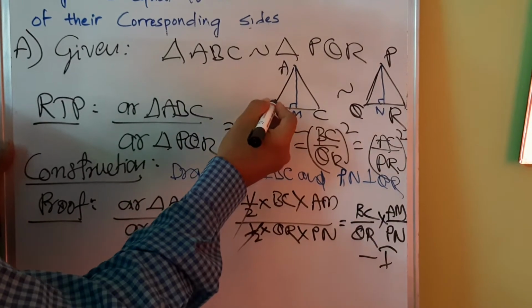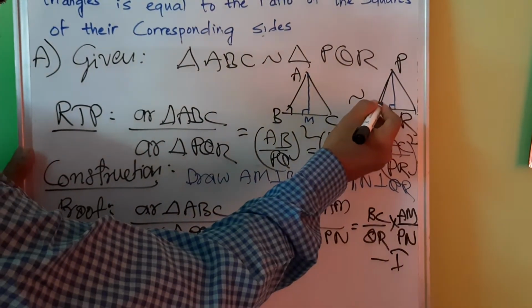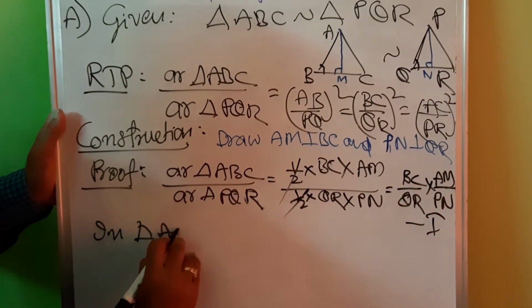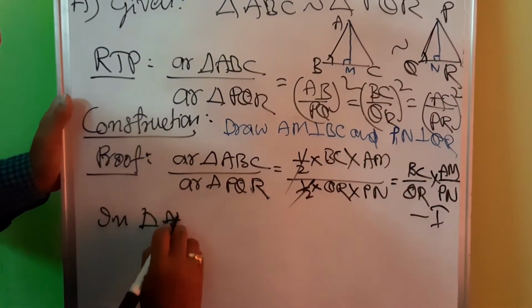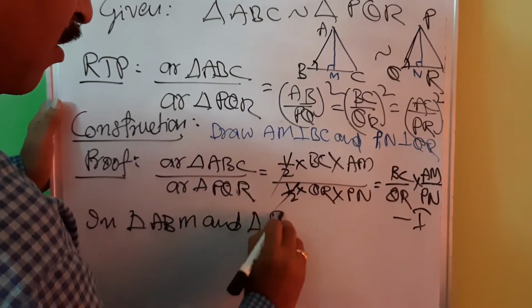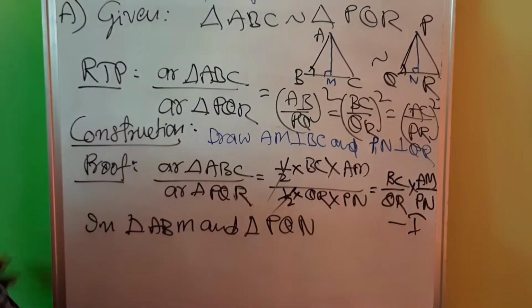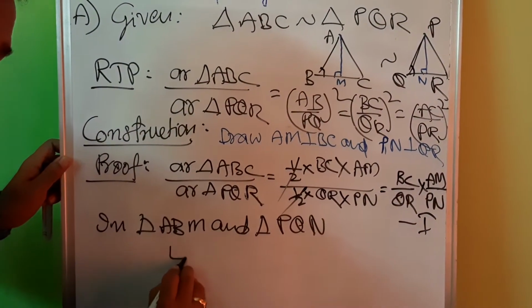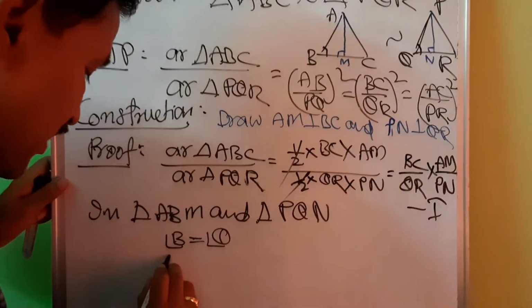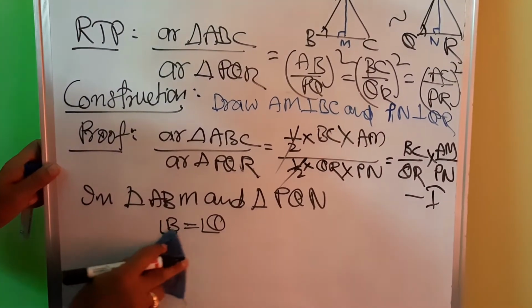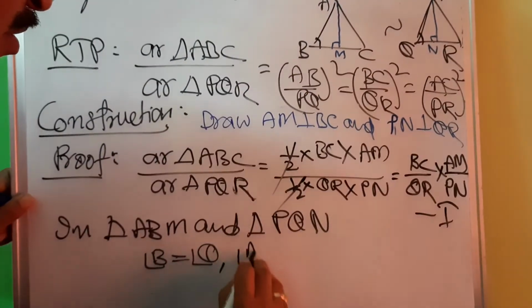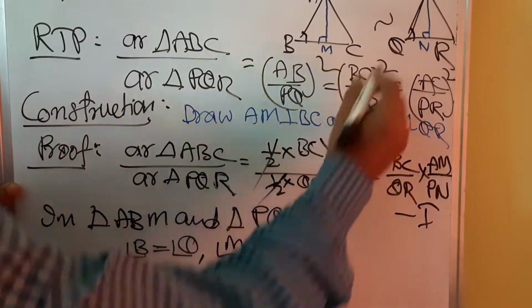Here angle B is equal to angle Q. In triangle ABM and triangle PQN, angle B is equal to angle Q, and angle M is equal to angle N. Why? They are 90 degrees.